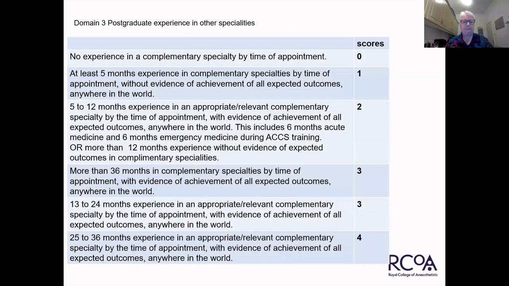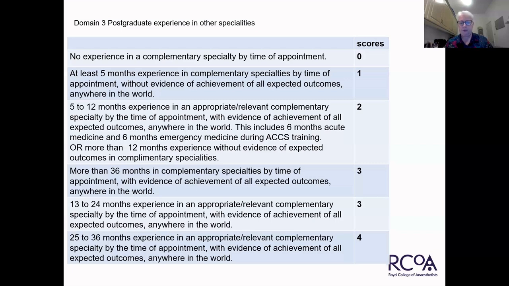Next slide, Drew, please. So moving on to domain 3, which is postgraduate experience in other specialties. You need to look at this carefully to see where your evidence pertains to and to work out how many points you should be requesting. For instance, if you've done 12 months ACCS, you will automatically have done 6 months medicine and 6 months emergency medicine.